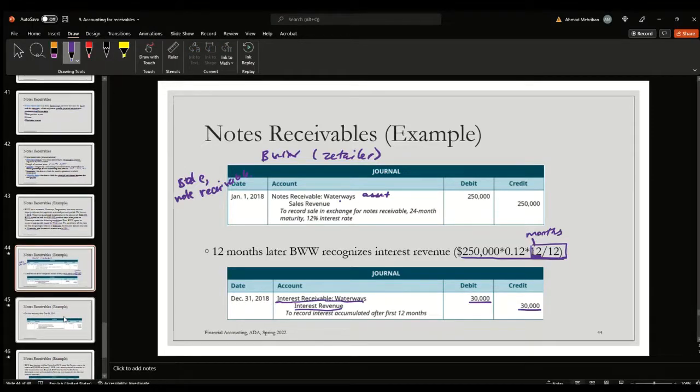So the first part was the sale and notes receivable recognition, and in this second case we recognize interest earned but not received yet. Ergo, we have interest receivable.